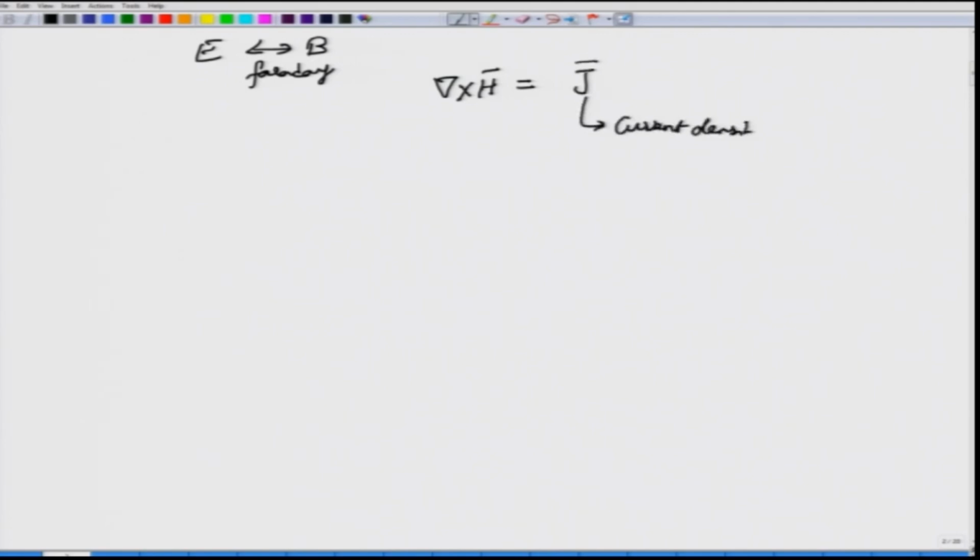If you have a source of current, a battery for example, connected to a wire, producing this current, then there is a certain current density. Before Maxwell came to understand all these things, this was known as Ampere's law. Ampere's law connects H to J before Maxwell.